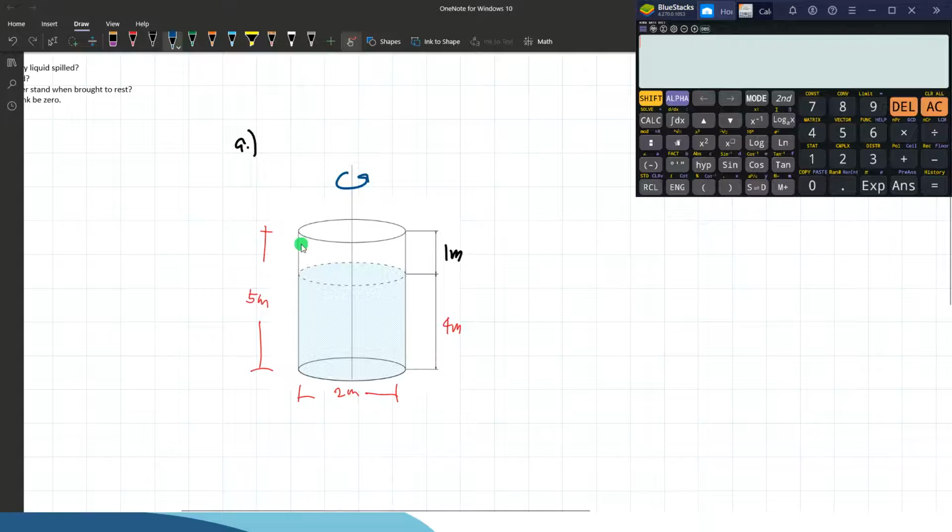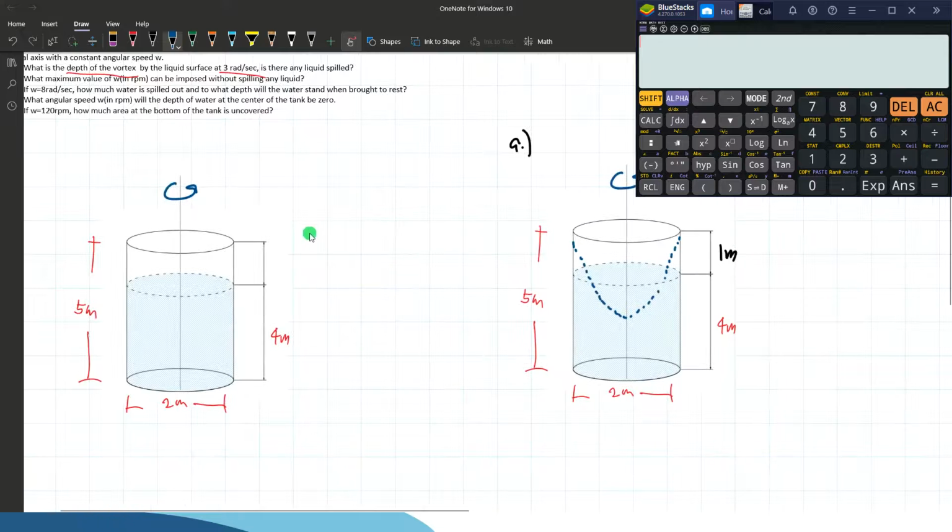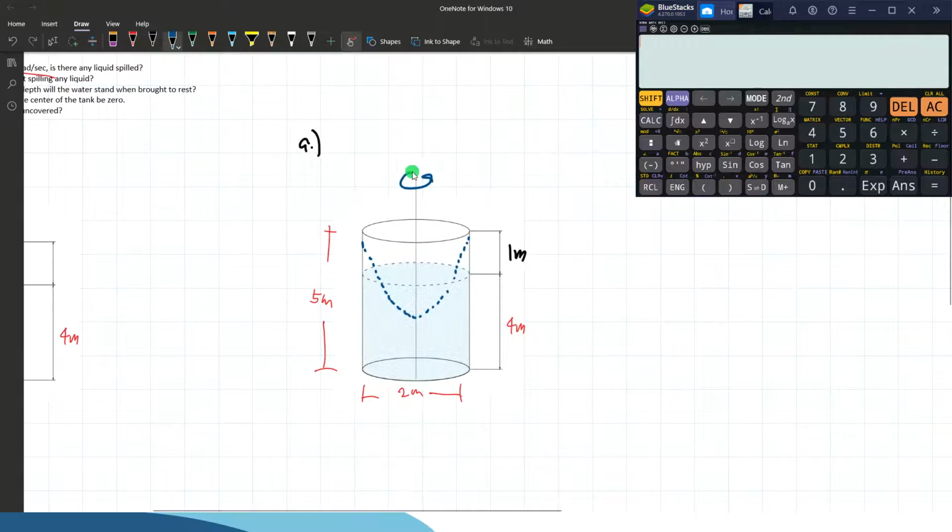of the liquid surface when it is rotated. So let's assume that this will be your vortex. So we can confirm that there is no water spilled on this container when it is rotated at 3 rad per second. So W is 3 rad per second.